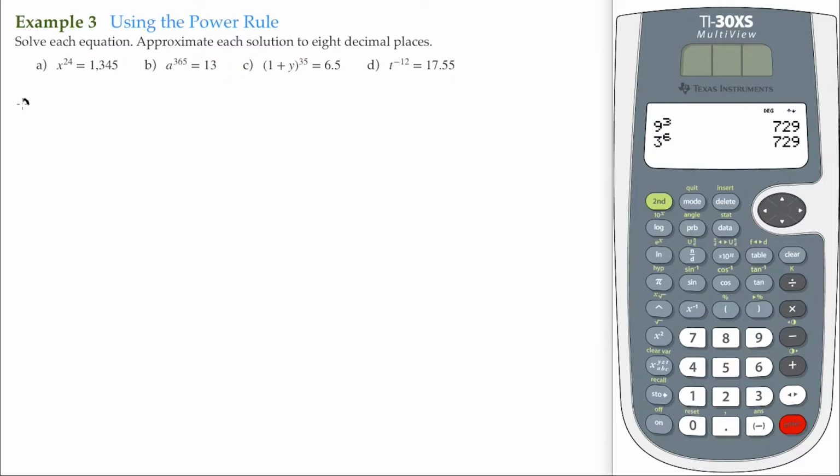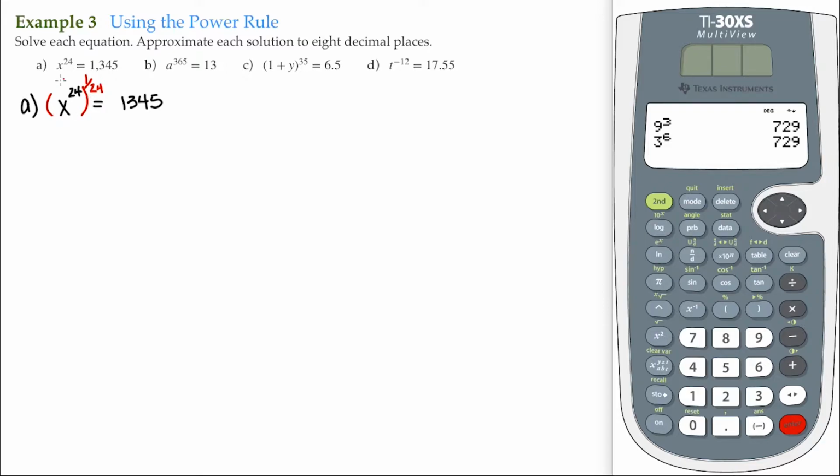So for A, I have x to the 24th power equal to 1,345. Using some algebra, I'm going to raise this to the 1/24th power.